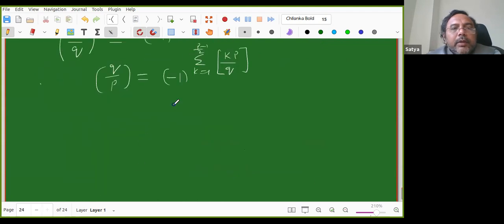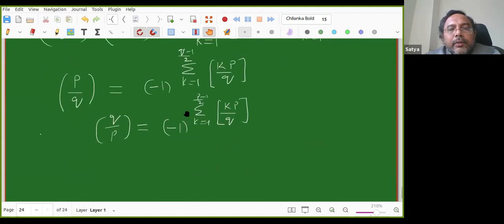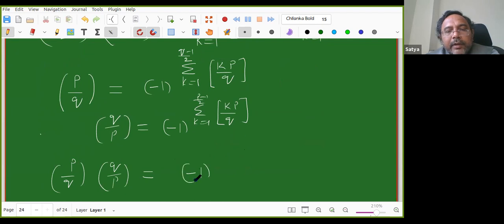Okay, good. Now we are looking for this, right? So (p/q) into (q/p) equals, now what happened? This product equals the summation k = 1 to (p-1)/2 of kp/q.